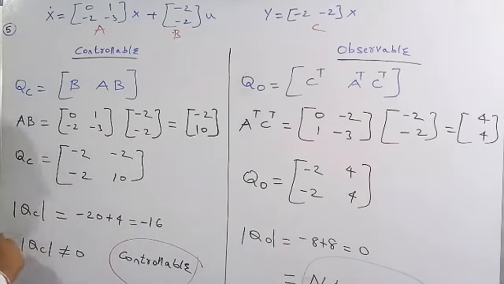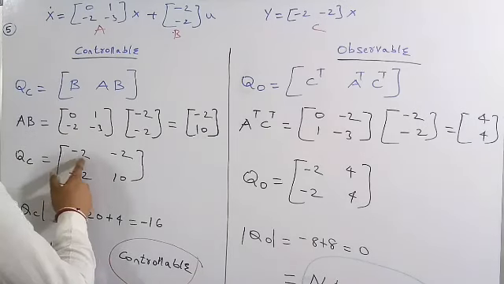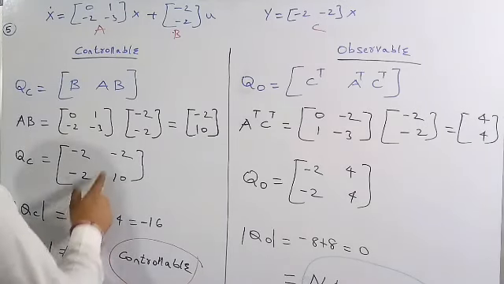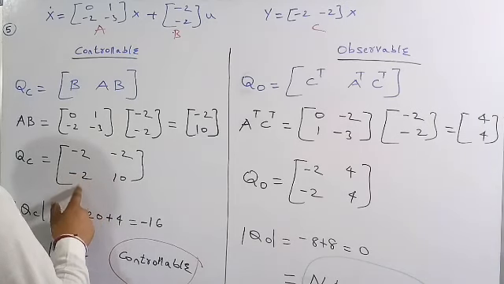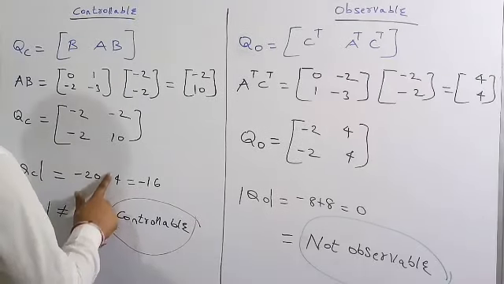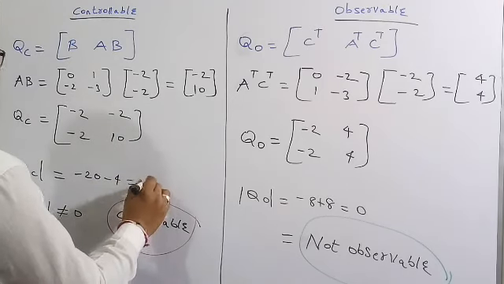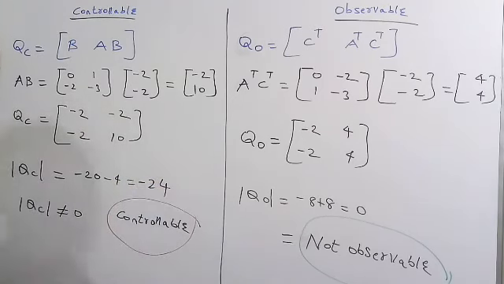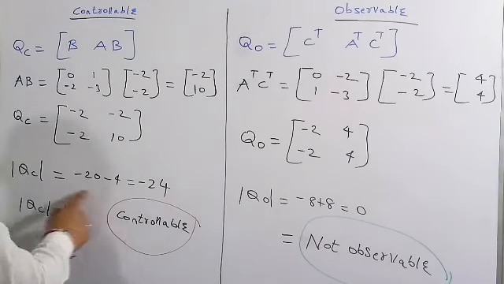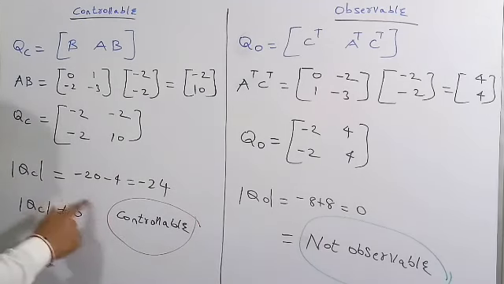Now we need to find the determinant of this controllable matrix. Minus 2 into 10 becomes minus 20, and minus into minus is plus, and plus into minus will become minus. So here minus 4, so it will become minus 24. So this is a non-zero value; the determinant is non-zero.